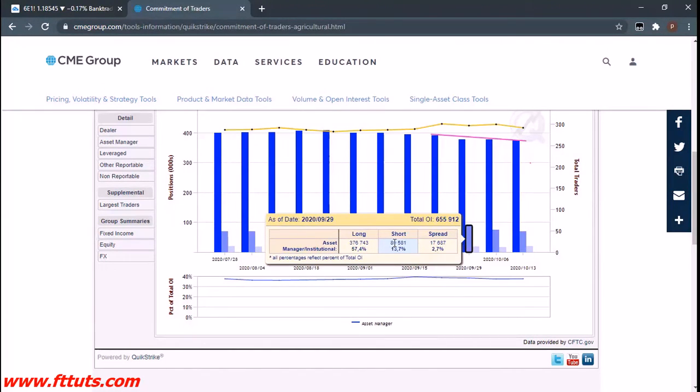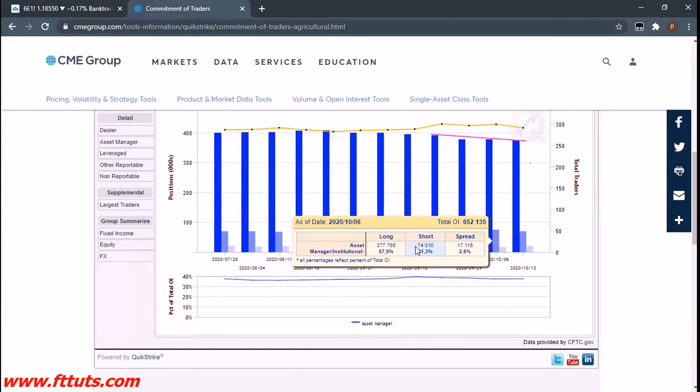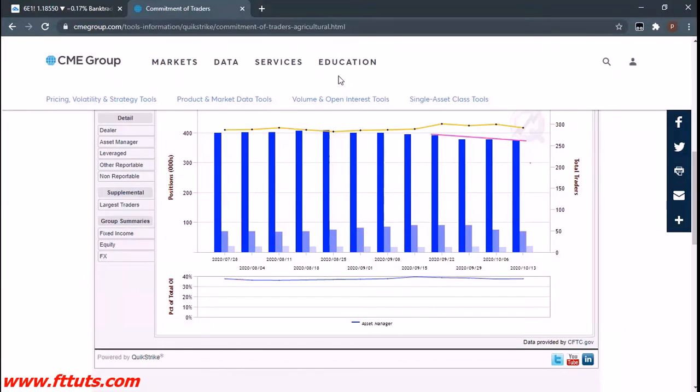Then we went to 89.5, not a big drop here. Then 74. So from 89 to 74 is a big drop. And then 70. So the longs are being closed, as well as the shorts. They're closing the longs, they're closing the shorts.